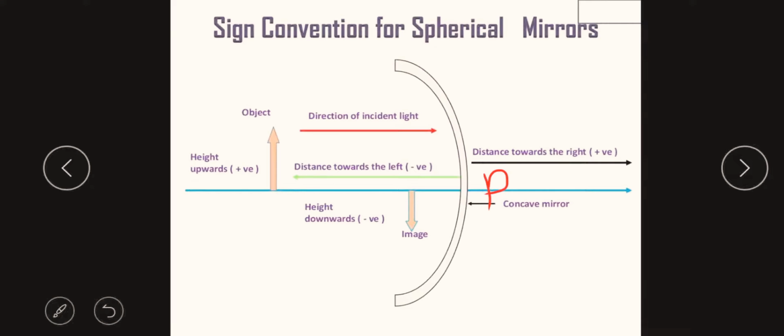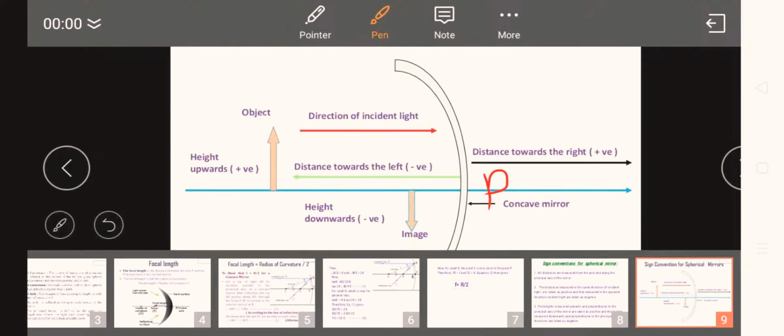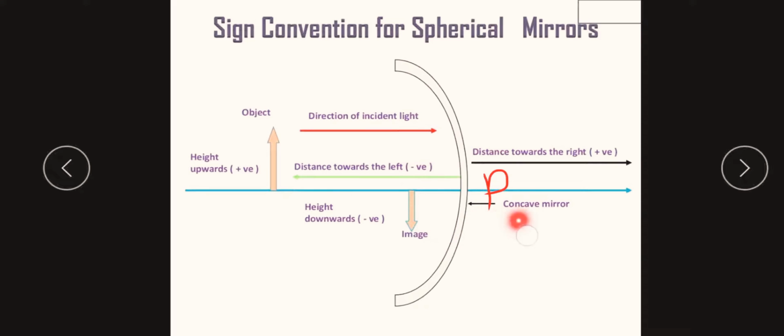All distances should be measured from the pole, and along the principal axis. The distance can be measured like this, or like this. This is the first point. One more time, all the distances are measured from the pole of the mirror and along the principal axis.